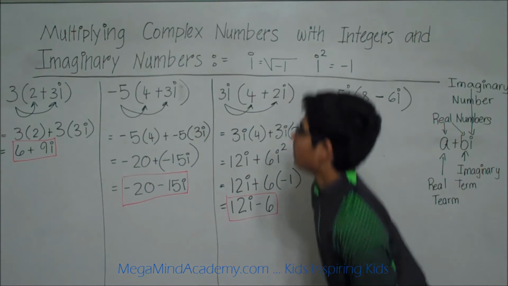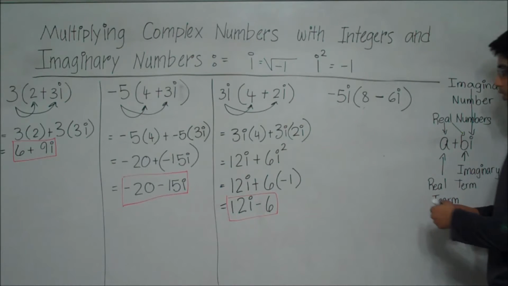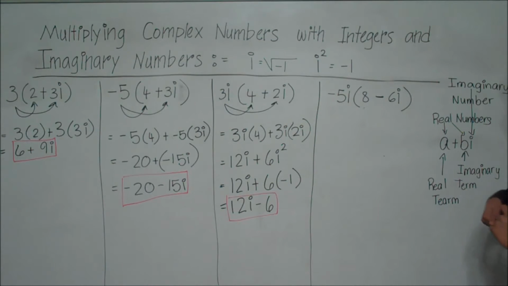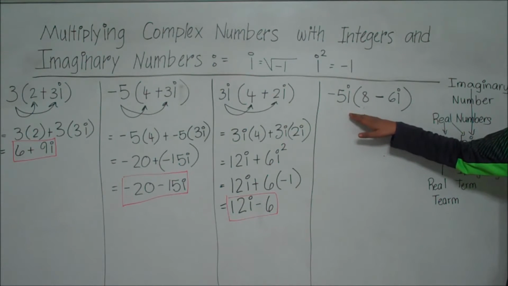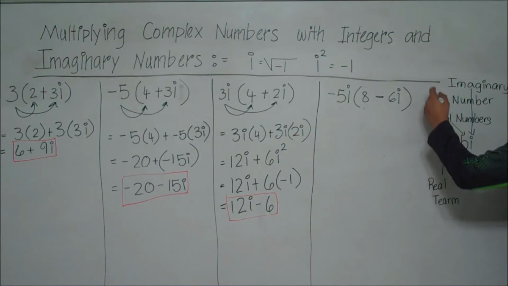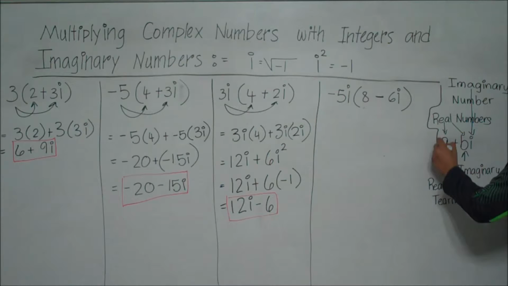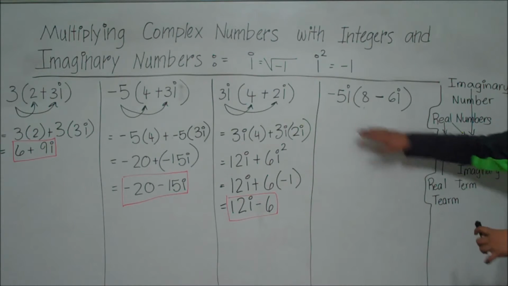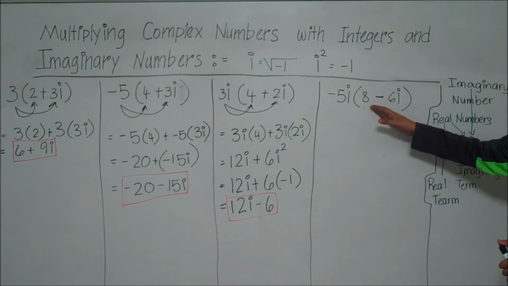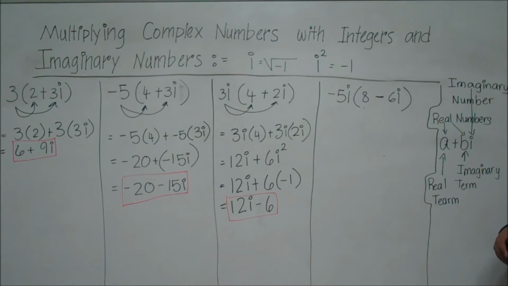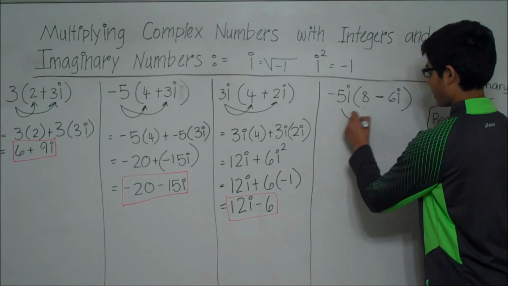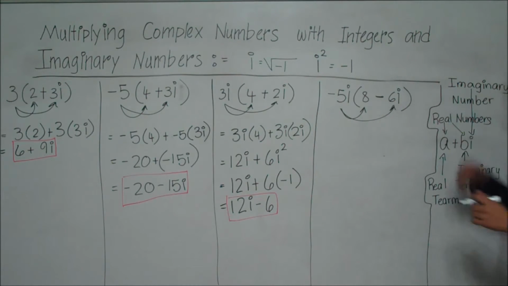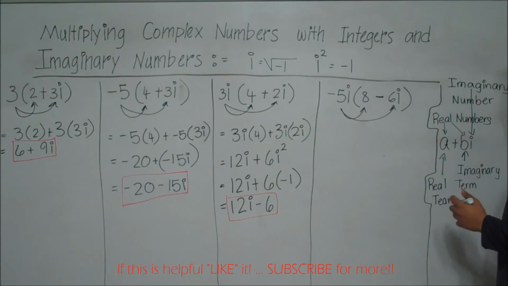Now let's move on to the last question, which is negative 5i times, in parentheses, 8 minus 6i. So we have to distribute negative 5i with 8 and negative 5i with negative 6i, because that's a minus there.